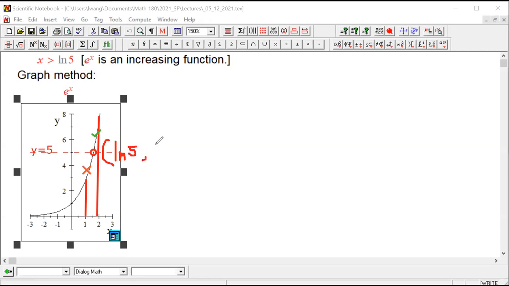The output is 5. Of course, we're looking for input. Therefore, input must be greater than ln 5. Do you see that? Do you have that visual? I want you to have that visual. Got it? Are we good?